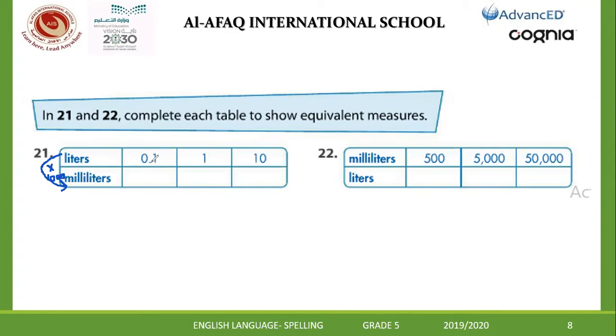To the right. How many digits? 3. So the answer will be 100. Great job, Asil. 0.1 liters has 100 milliliters.